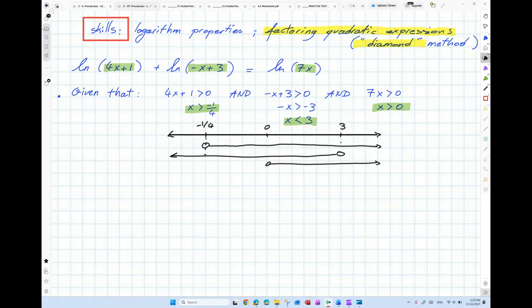So if I combine all those three inequalities, it gives me the following interval: x has to belong to the interval (0, 3).